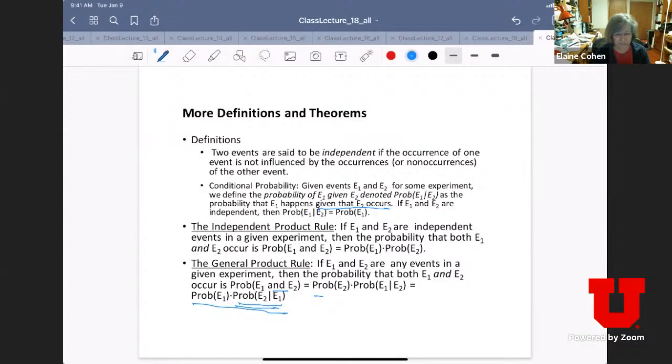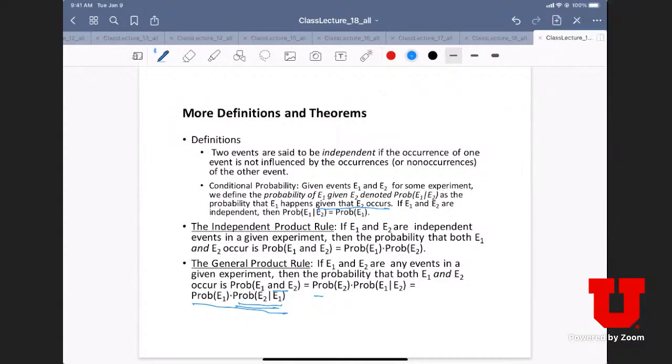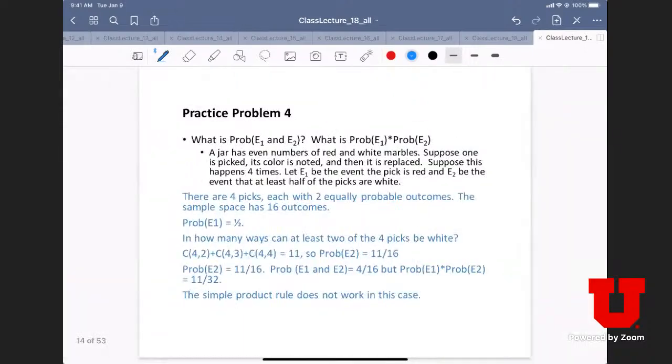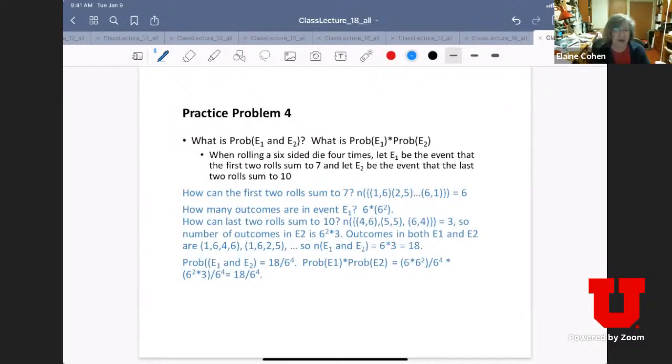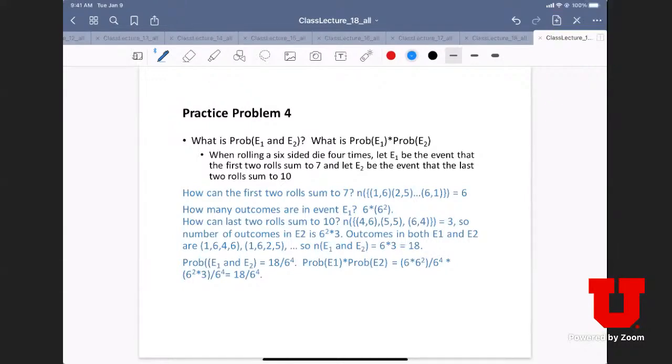So in the previous problem, would E1 given E2 be like the probability of picking a red marble given that you've already picked a white marble, or something like that? Maybe it was switched, but something like that. E2 given E1: what's the probability of picking at least half white marbles given the first marble was red? Absolutely. Okay, thanks. Very good.